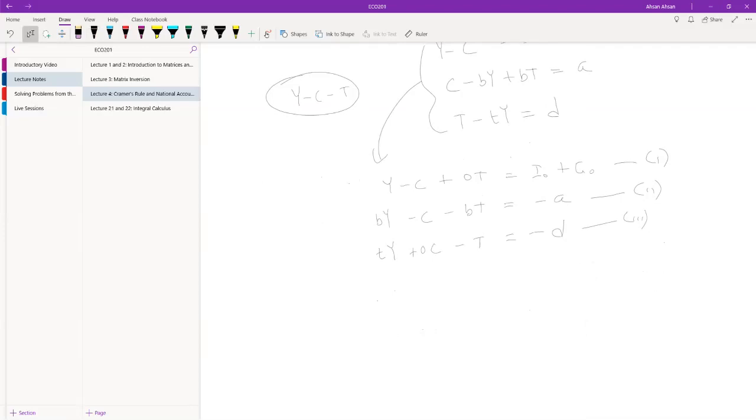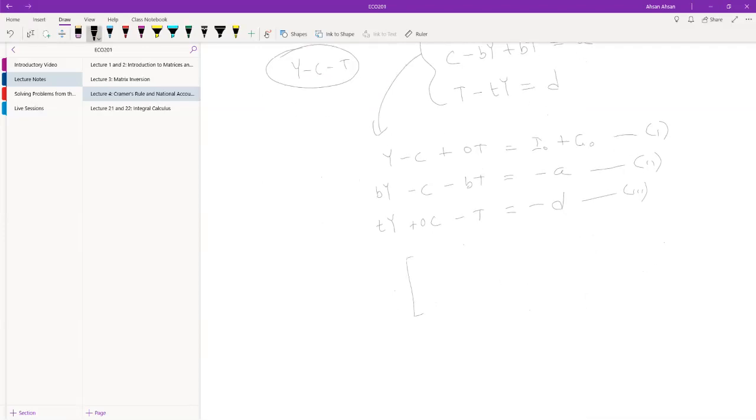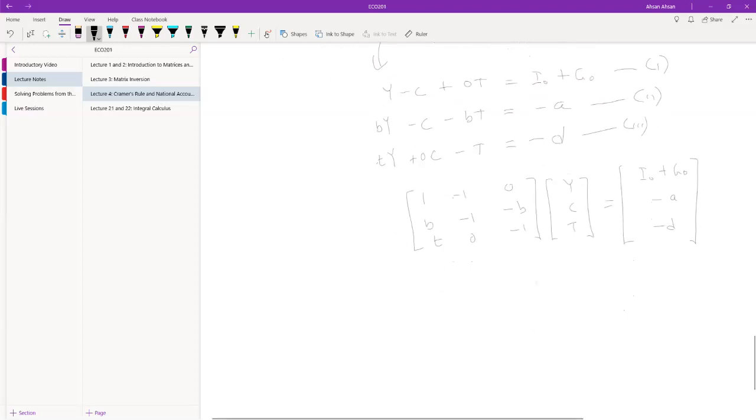If we convert this into matrix form, what we are going to get is 1, minus 1, 0; minus b, 1, b; t, 0, minus 1. That is the coefficient matrix, times Y, C, T, and that gives us I naught plus G naught, minus A, minus D. Now we can solve this using matrices.